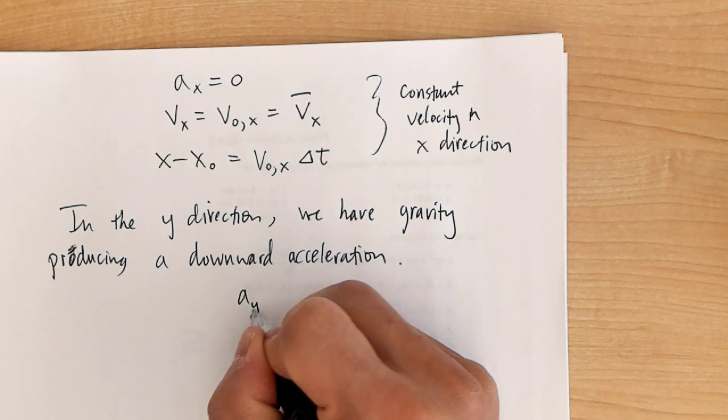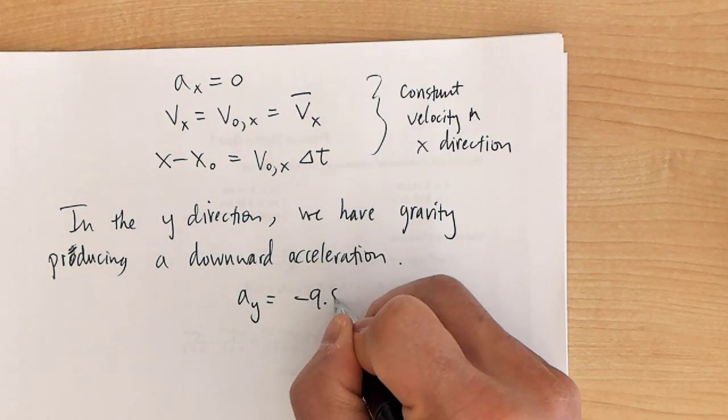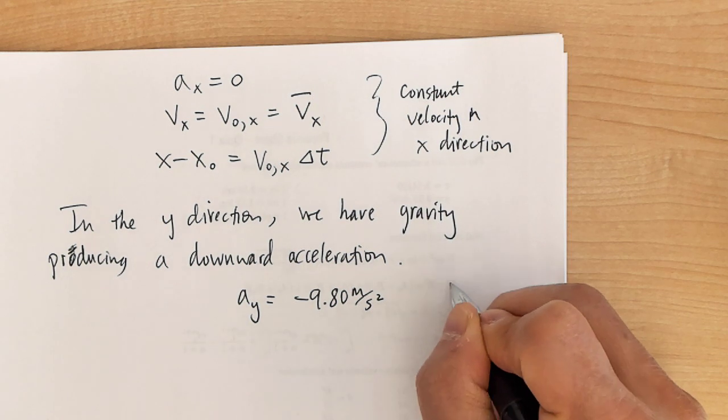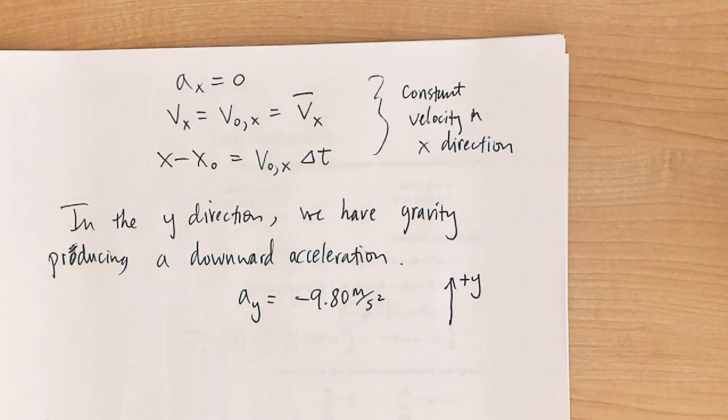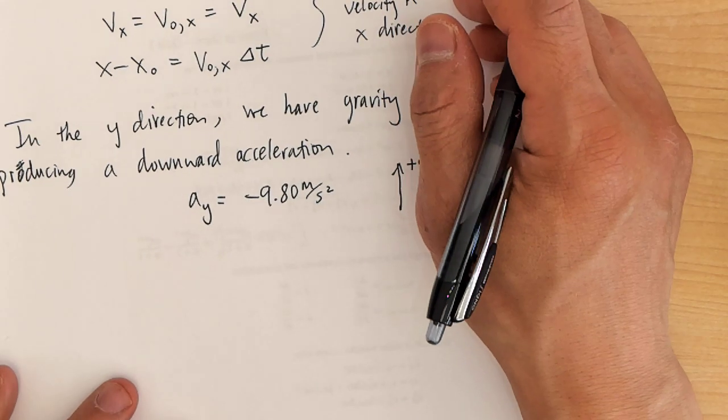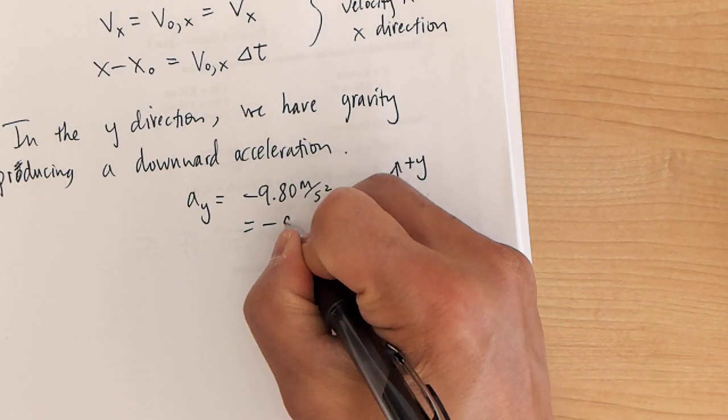We said ay is negative 9.8 meters per second squared. Remember, we're taking positive y to be up, so gravity points down. Remember, that's just minus g.